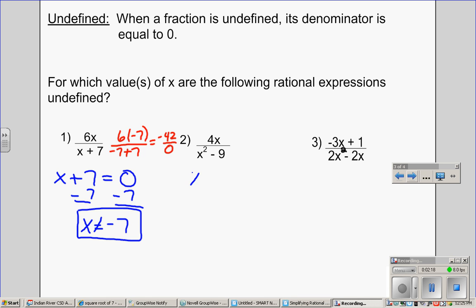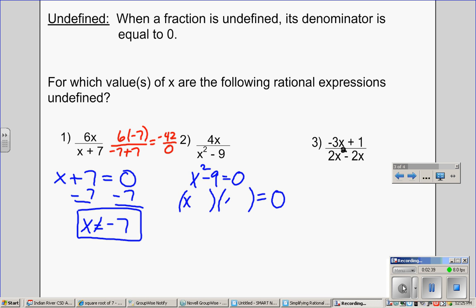Number 2, take your denominator, set it equal to 0, and solve. Now when we're solving these, some of them can be factored. This is the difference of two perfect squares. Two sets of parentheses.